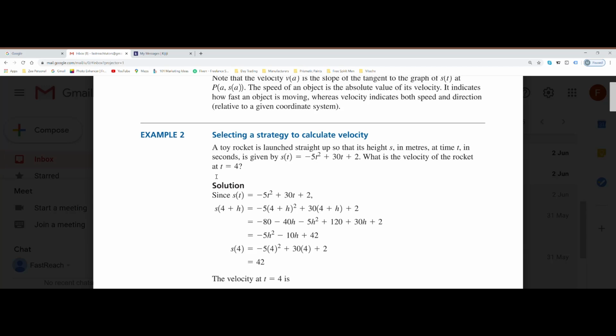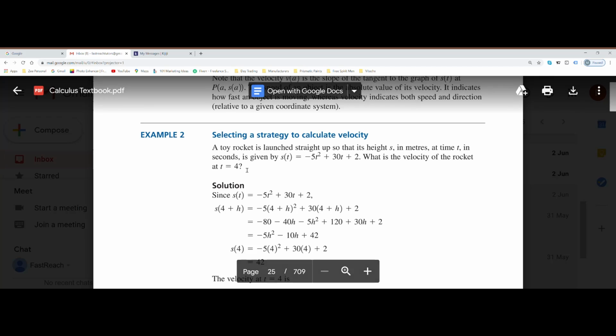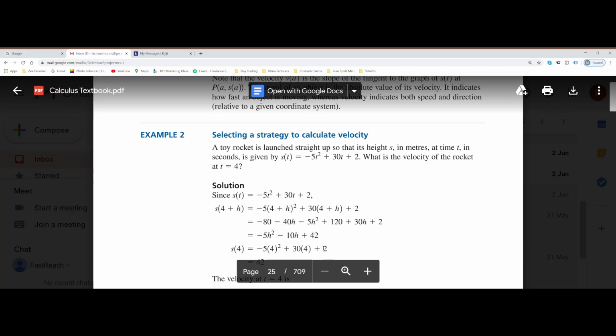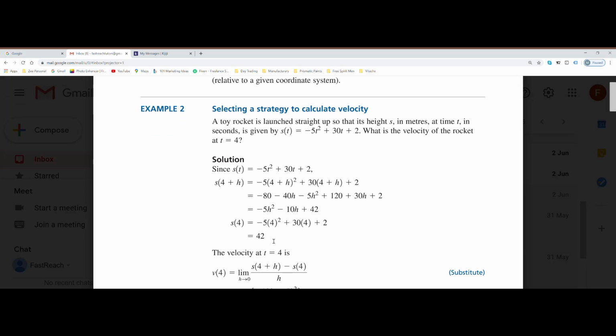When you put 4 into this equation, you get negative 5 times 4 squared plus 30 times 4 plus 2. They found that it was 42.